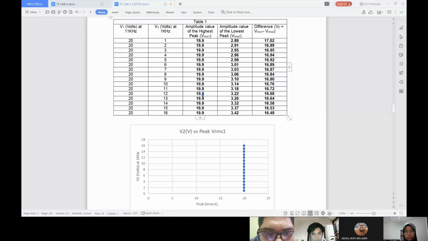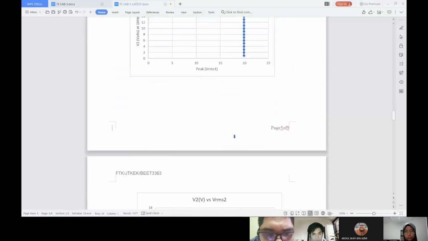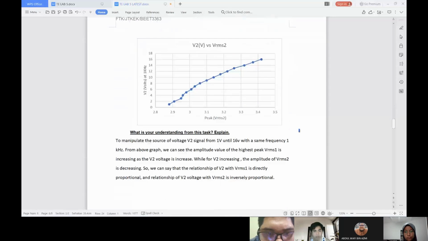Alright. For the next graph, we plot peak VRMS2 versus voltage V2, and then we get a graph like this, which increases. This is what we understand in the task.